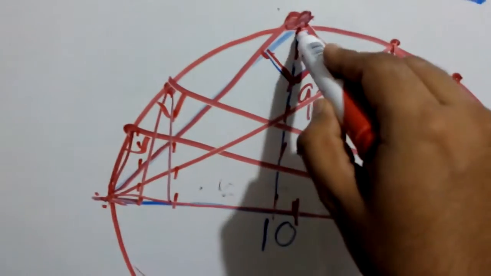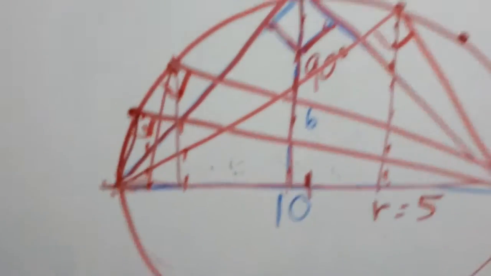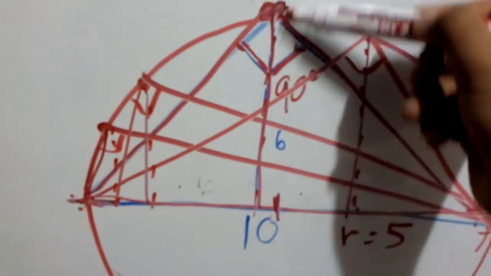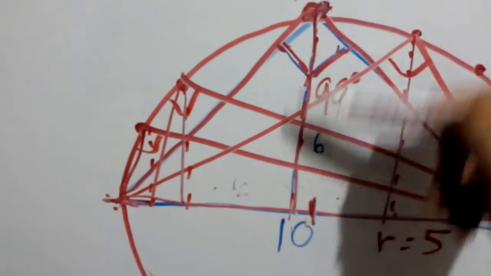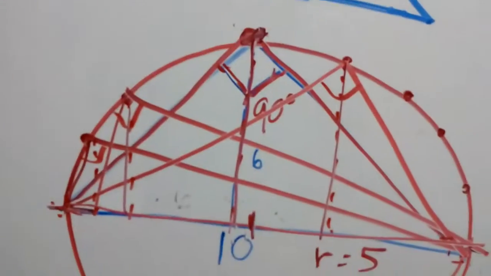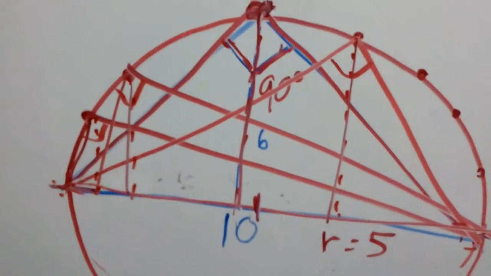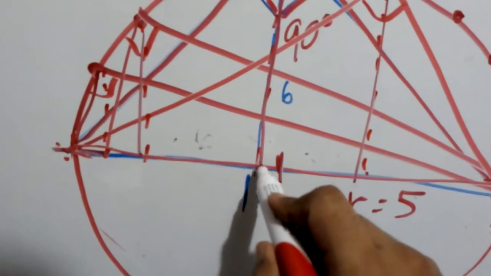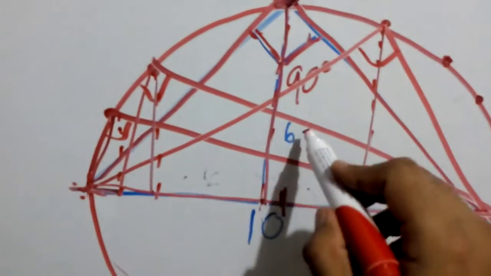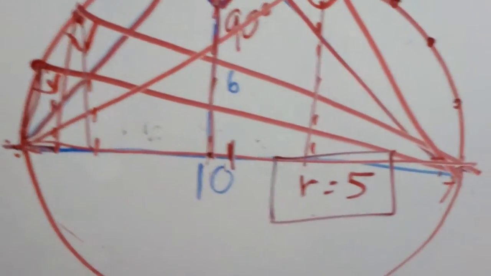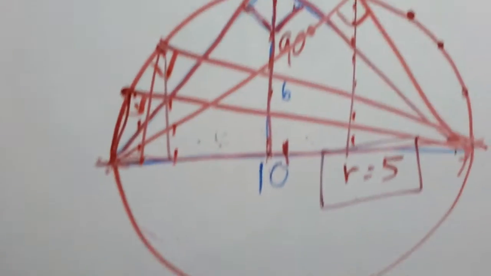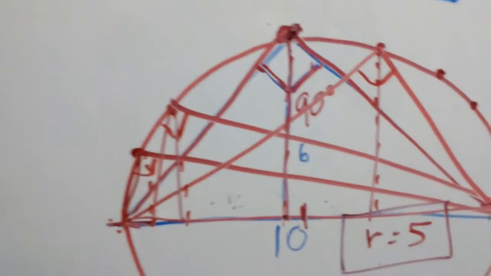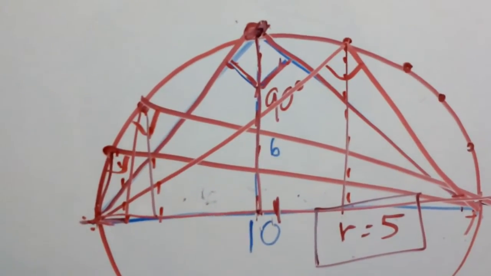The one in the middle has the bigger length of this construction. And what is this length? What is the bigger length possible? Well, going from the center to the circumference, of course, it is the radius of 5.